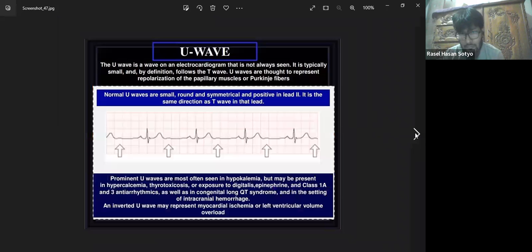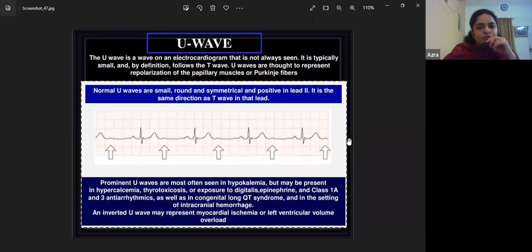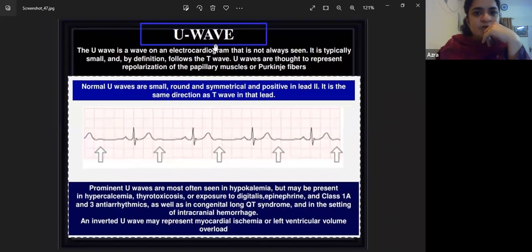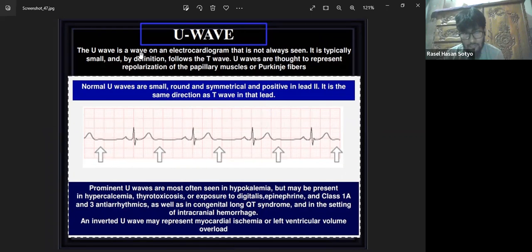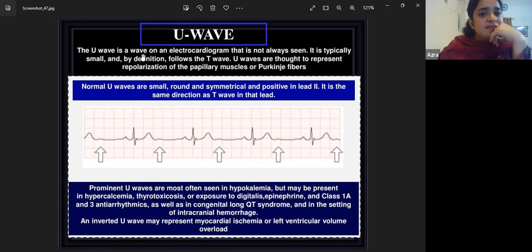Now comes to the U wave. The U wave is a wave on ECG that is not always seen.